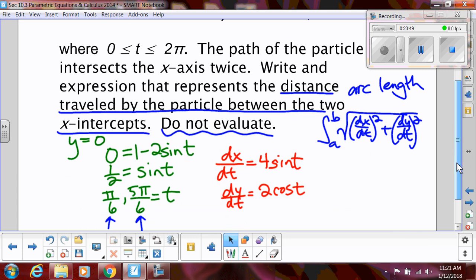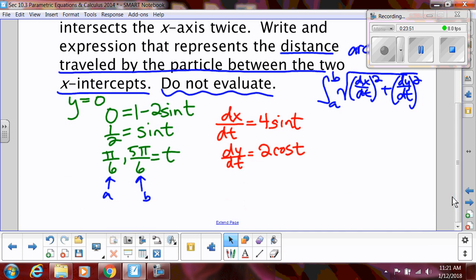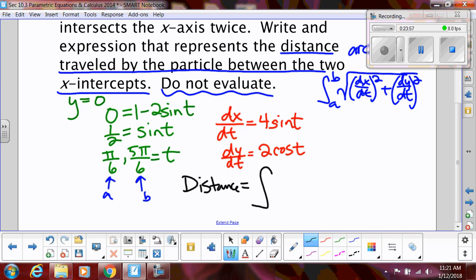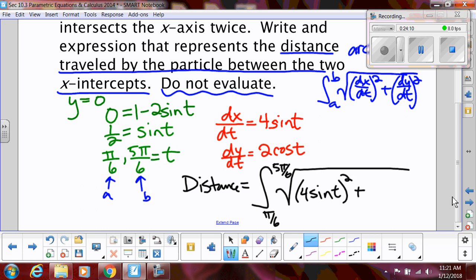So we have all of our pieces we need, and all we're doing is setting up the distance. So our distance equals the integral from pi over 6 to 5 pi over 6 of the square root of 4 sine of t squared plus, oh, I forgot a negative.